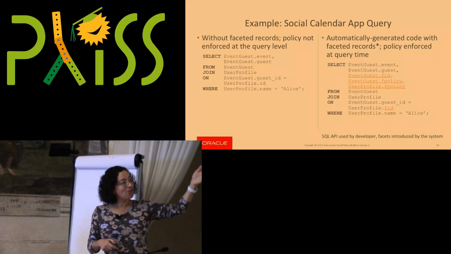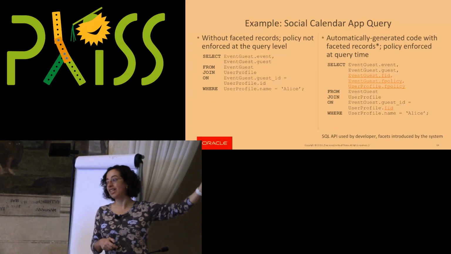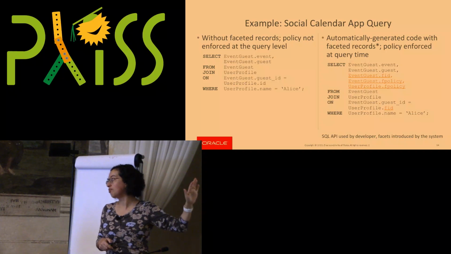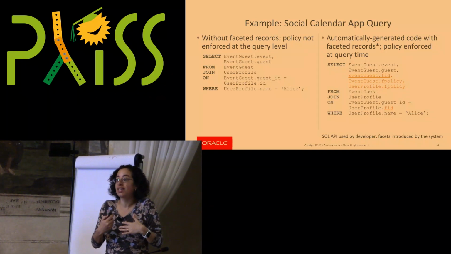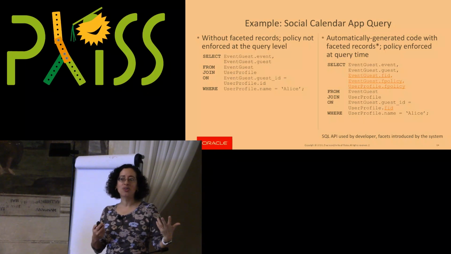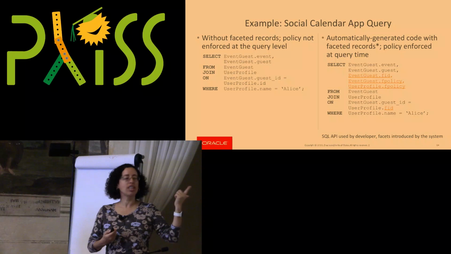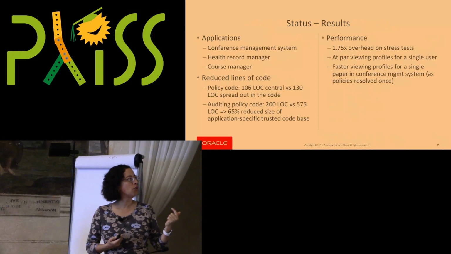And then all of the faceted records get introduced by the system automatically. So that's pretty cool. It avoids some of that complexity of you now having to deal with, what do I do about these faceted records, and am I going to get it right? The runtime system generates that code for you.